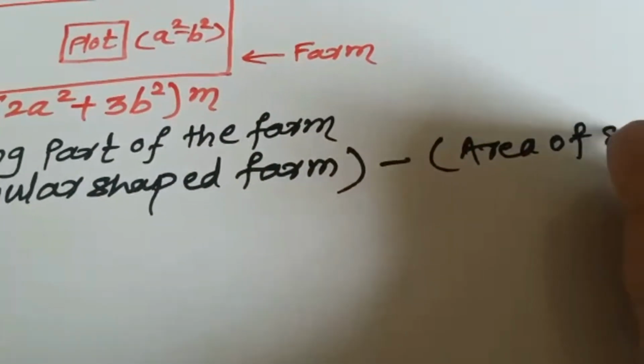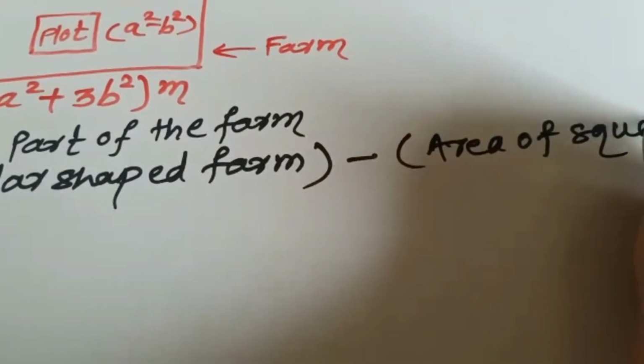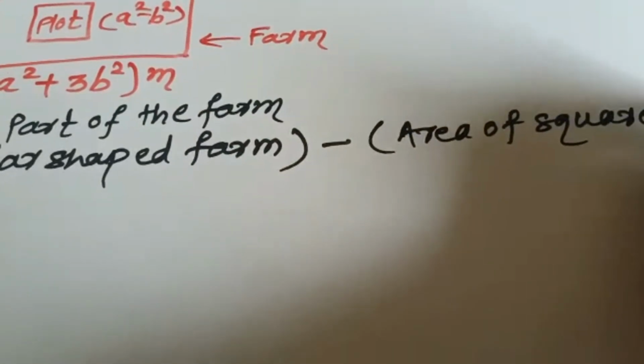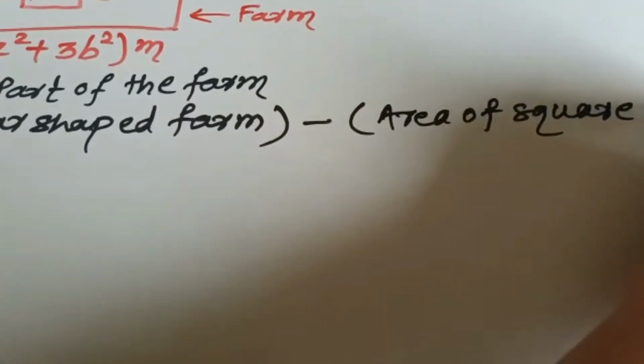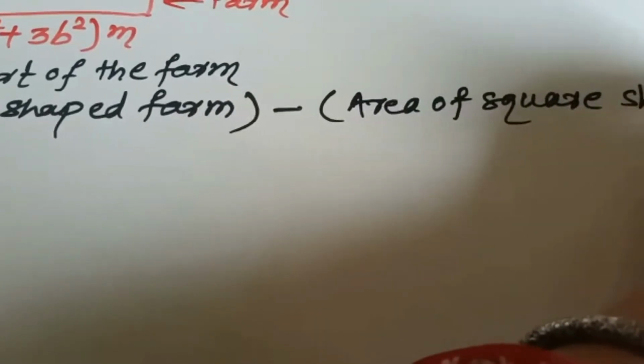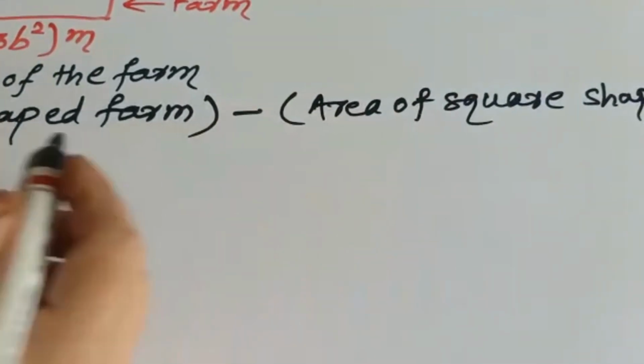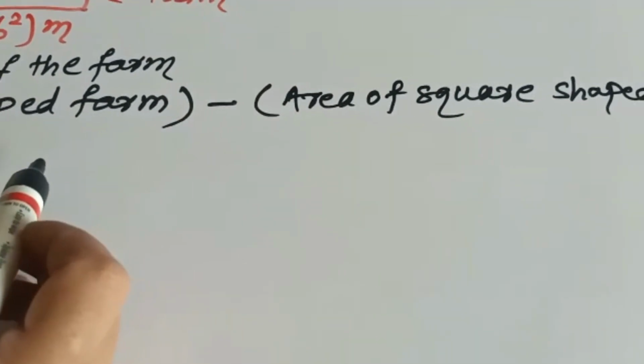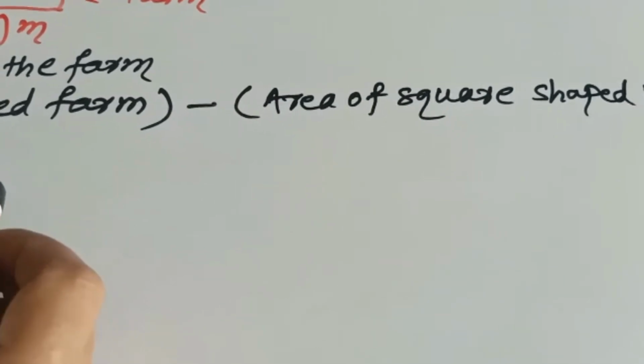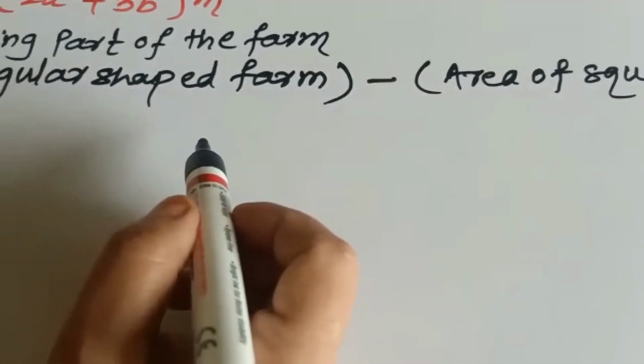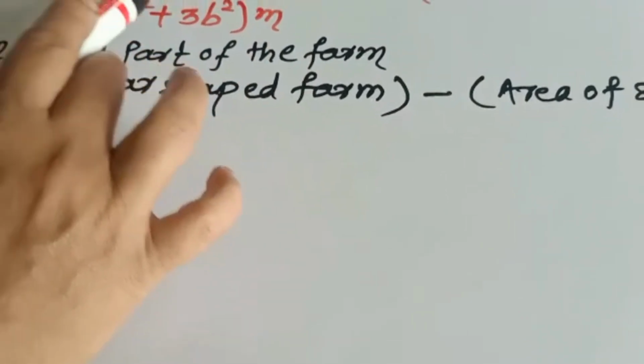Understood? Means from the area of the rectangular shaped farm, if you subtract the area of the square shaped plot, then you will get the area of the remaining part of this farm.